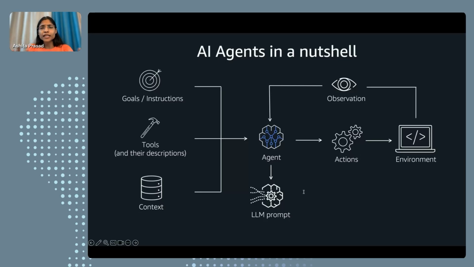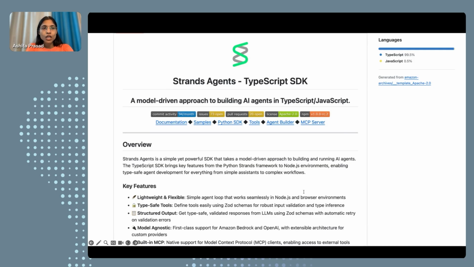So now you could build all of this yourself. The prompt construction, the tool dispatch, the result parsing, the loop management. But that's a lot of plumbing and undifferentiated heavy lifting. And what we are going to do next is we are going to use a framework that handles it for us. So we'll be using the Strands Agent TypeScript SDK, which is an open source project for building AI agents in TypeScript.